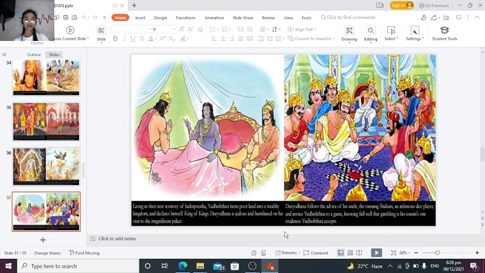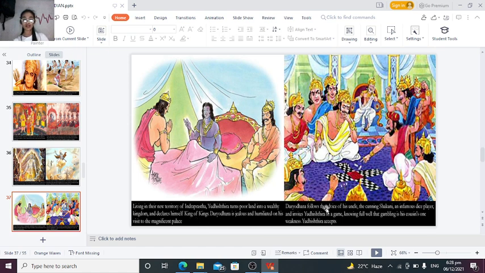Living in their new territory of Indraprastha, Yudhishthira turns poor land into a wealthy kingdom and declares himself king of kings. Duryodhana is jealous and humiliated on his visit to the magnificent place.